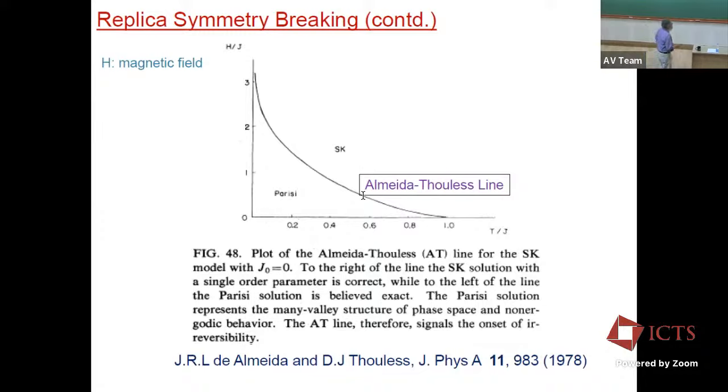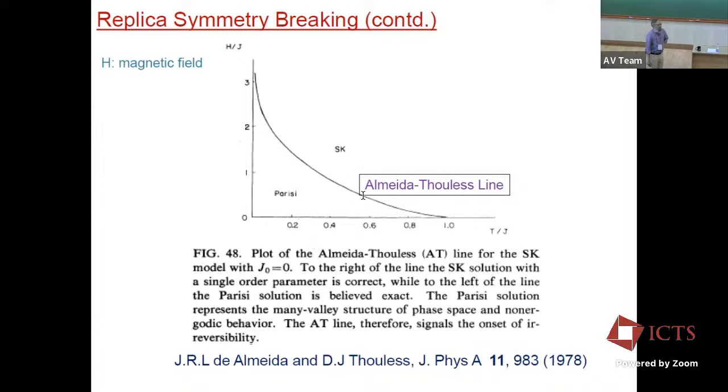And this transition will be marked by the breaking of replica symmetry. So when you have a magnetic field, then of course your Q is always non-zero, and your magnetization is always non-zero. So you cannot treat that as an order parameter. What you have to look at is whether one is getting into a phase which is different from the high temperature phase. And that difference will be signaled by the breaking of replica symmetry.